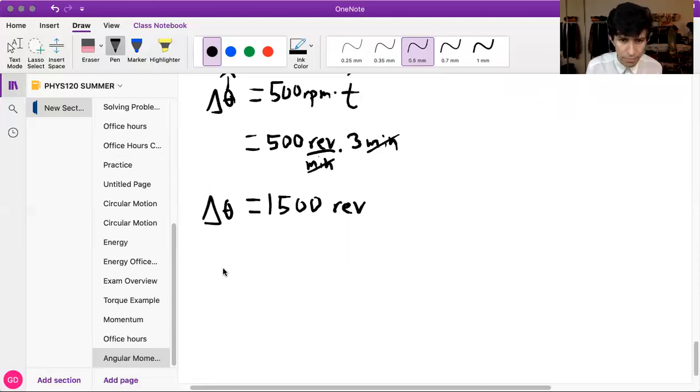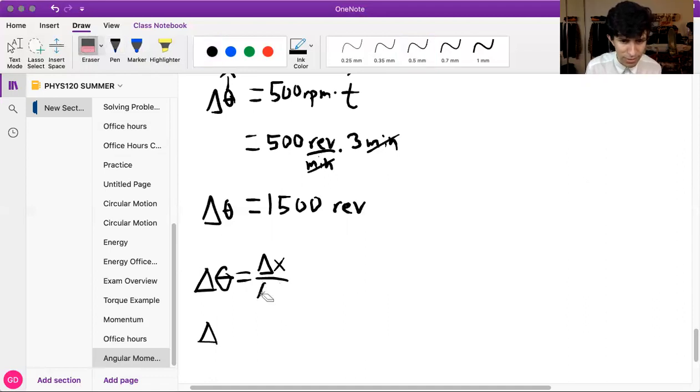So to relate linear position to angular position, you can just get these equations, change. So there's these equations. Oh, my bad.